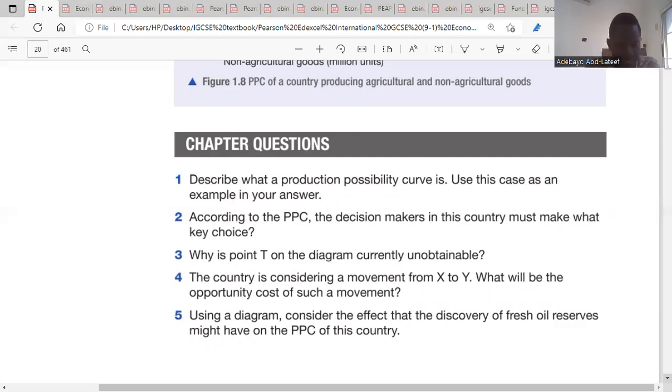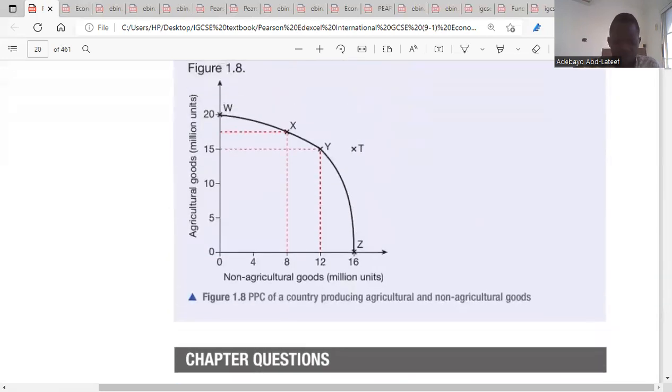Question two, they said, according to the PPC, decision makers in this country must make what key choice? Decision makers could be government, they could be firms. It depends on the kind of economy we run. So decision makers are those that determine the economic allocation of resources. In this case, decision makers have to think of either producing agricultural goods or producing non-agricultural goods.